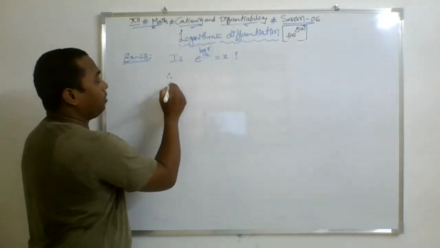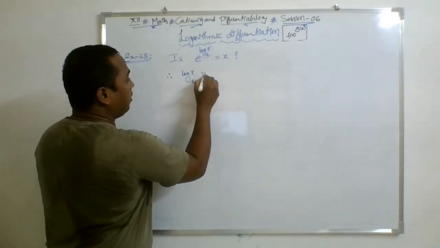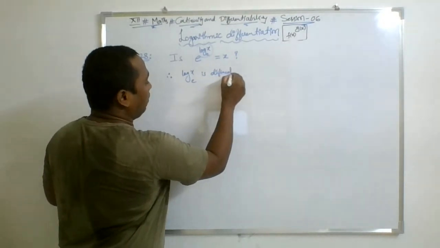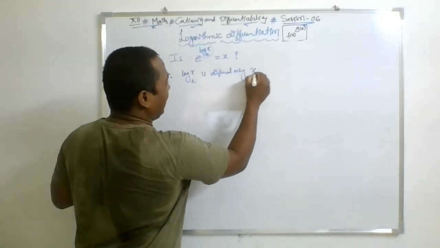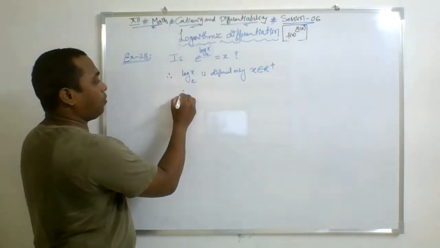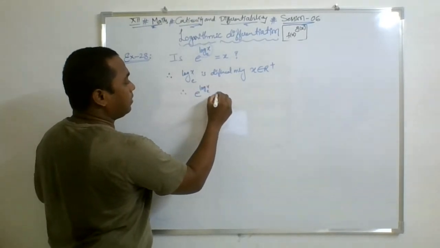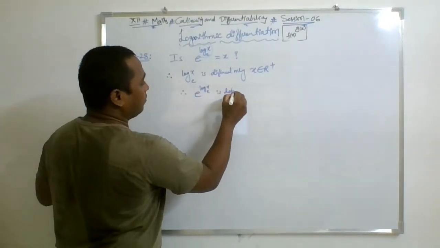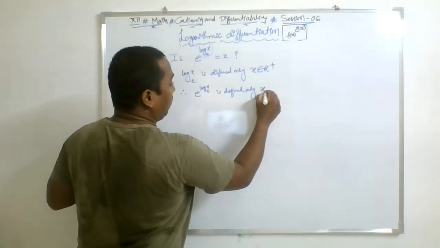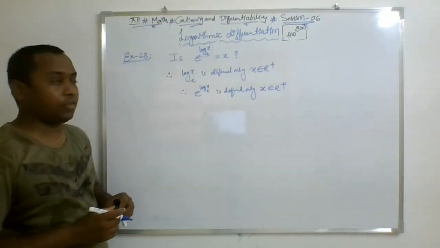So first of all we say log x base e is defined only when x belongs to positive real numbers. Therefore e to the power of log x is defined only for positive real numbers.